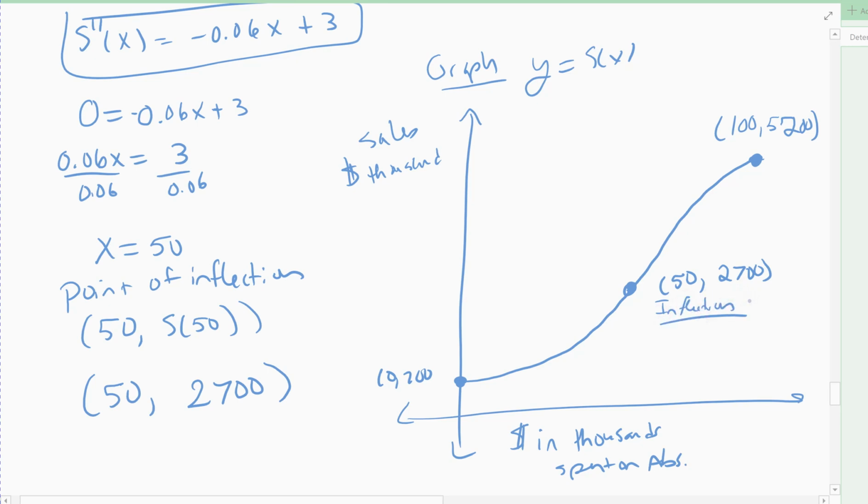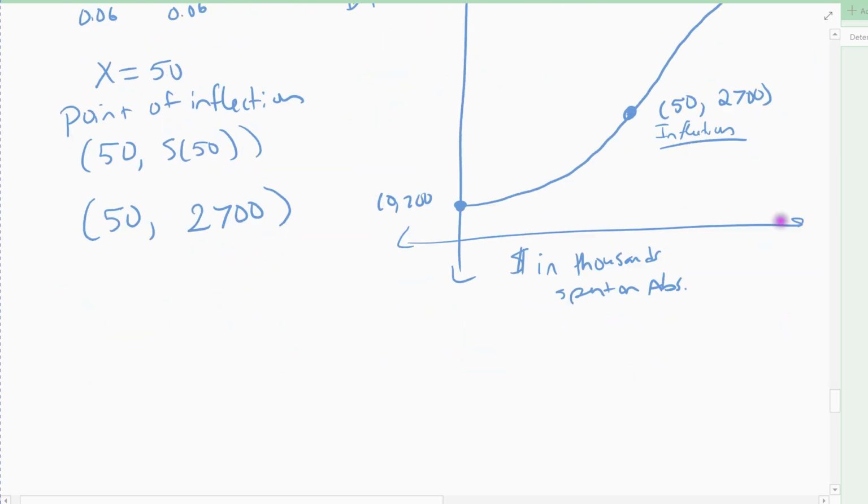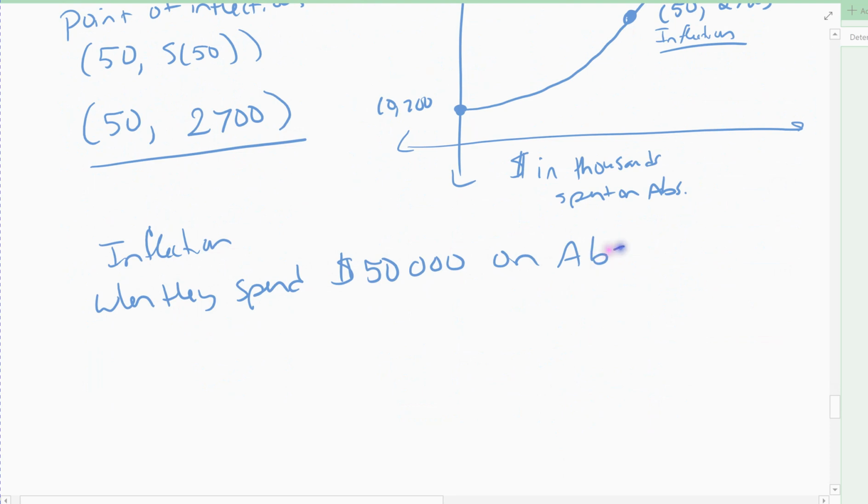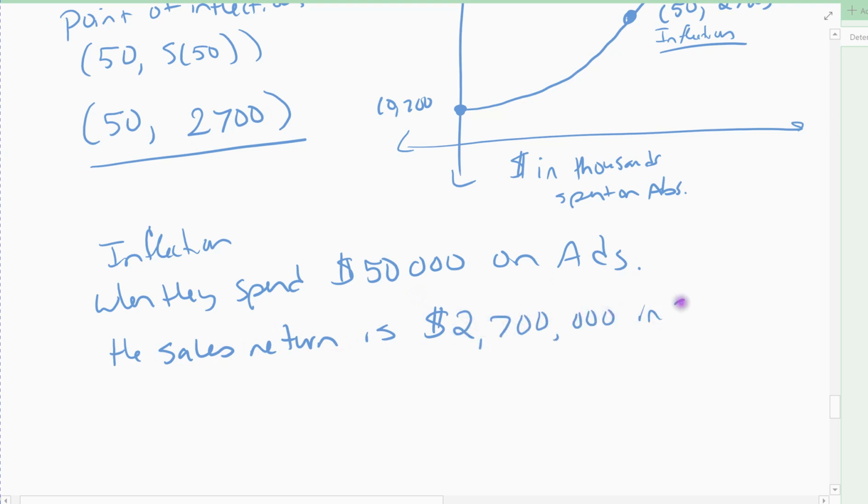So, interpreting the inflection point, which is that point, is when they spend $50,000 on advertising, I'm going to say ads, the sales return on that money is $2,700,000 in sales, whatever it is they're selling. That's how much they get on their return.